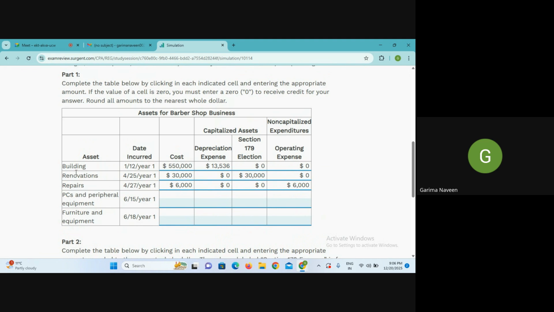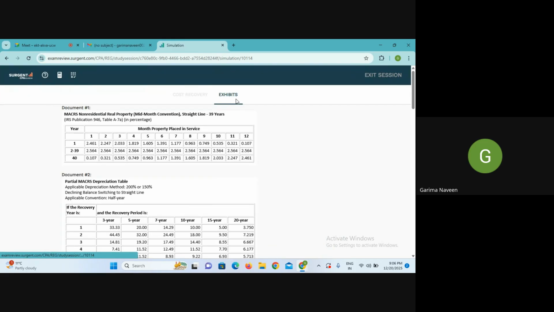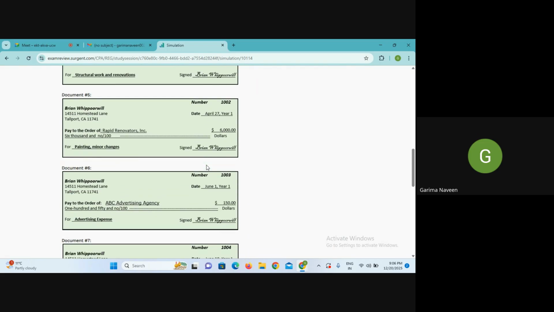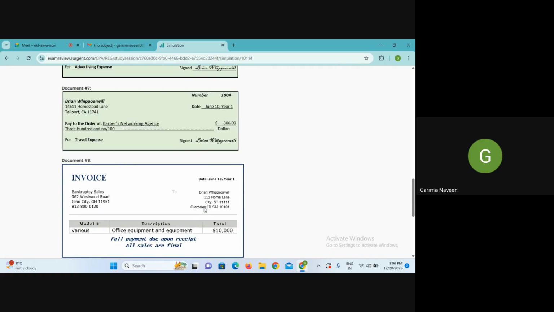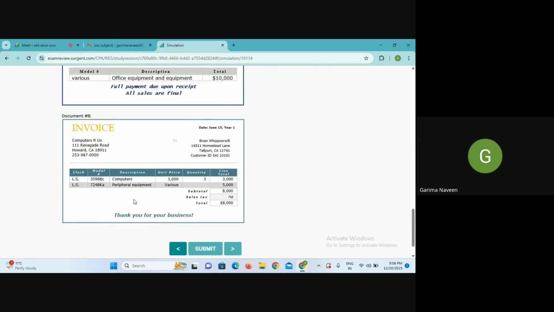Okay, so next is PC and peripheral equipment. So it is taken on 15 June. Okay. So you are taking computers of $3,000, peripheral equipment of $5,000. So subtotal 8,000. So computer and equipment.